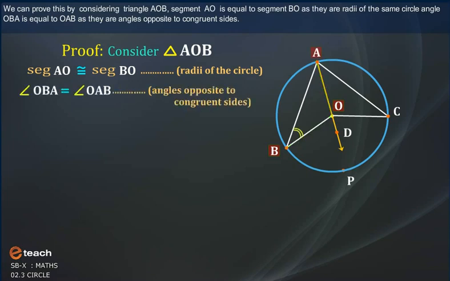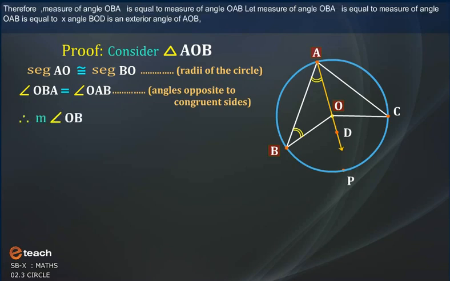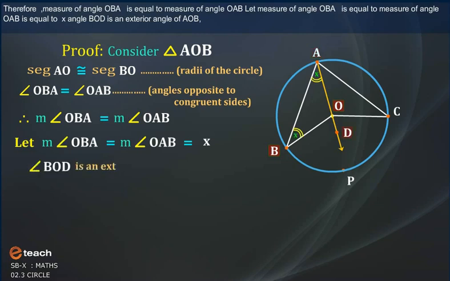Angle OBA is equal to angle OAB as they are angles opposite to congruent sides. Therefore, measure of angle OBA is equal to measure of angle OAB. Let measure of angle OBA is equal to measure of angle OAB is equal to x.